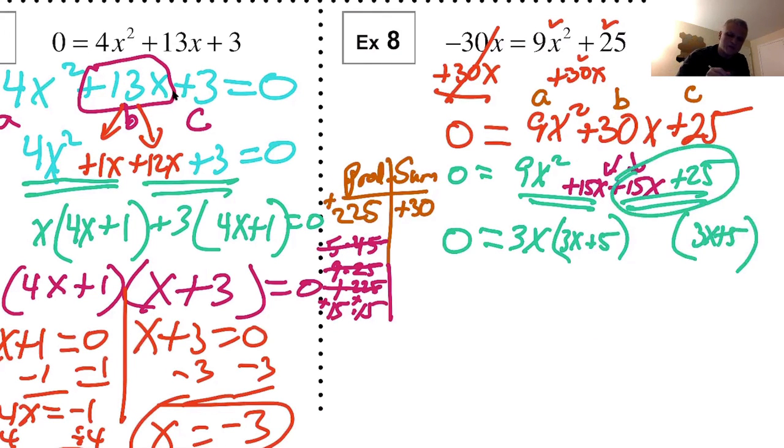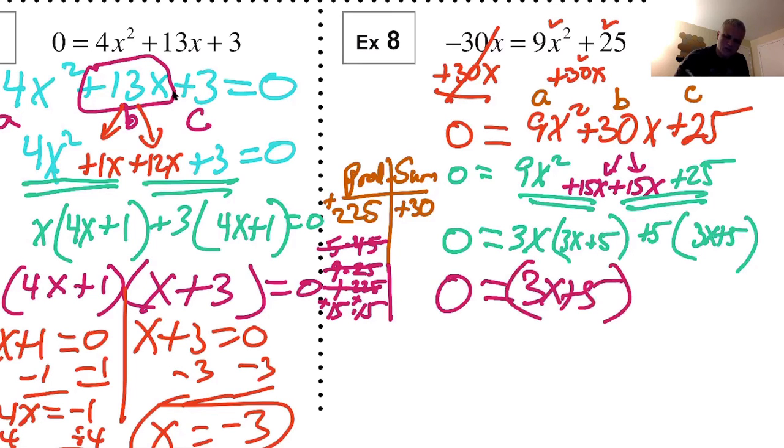What's the GCF of 15x and 25? Well, it's 5. And if I multiply 5 times 3x, I get 15x. If I multiply 5 by 5, I get 25. Cool. So almost done on the factoring part here. So take the 3x plus 5s, factor them out of the two groups. And what's remaining?